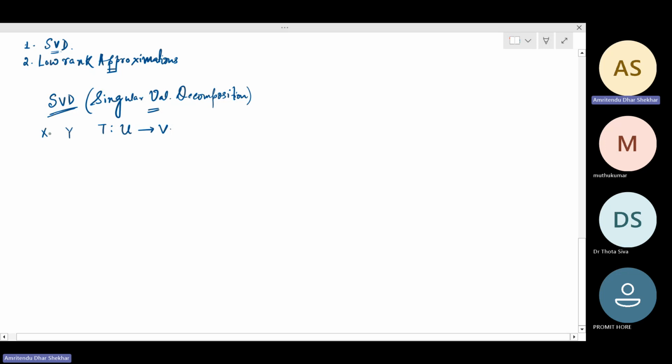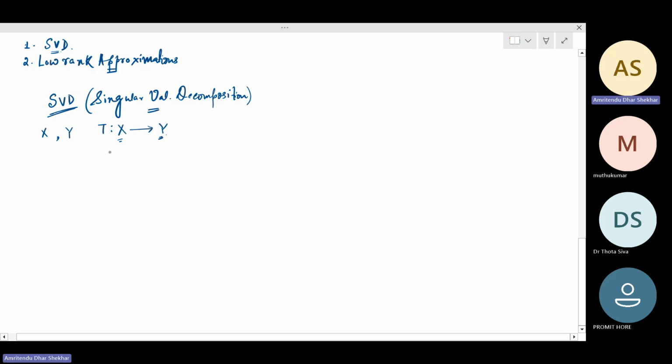Let's say X and Y are two finite dimensional vector spaces, and T is a map from X to Y. Then we can find an orthonormal basis for X and an orthonormal basis for Y.